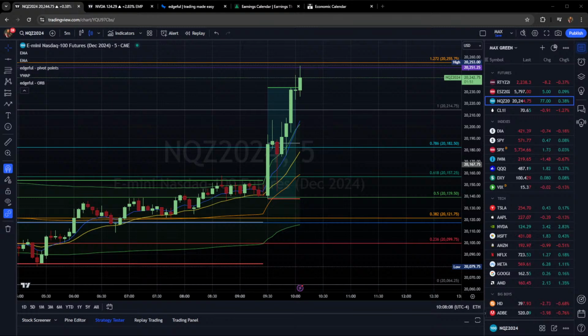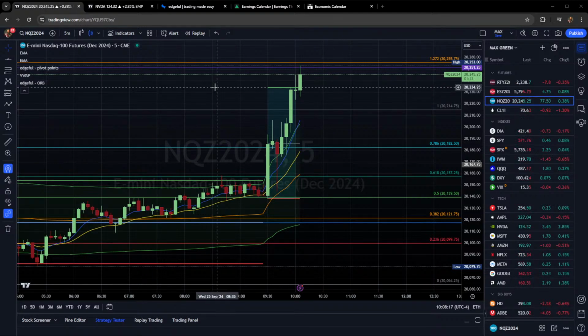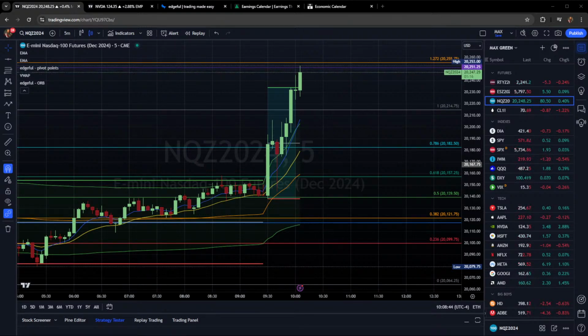Let me see what they fill though on the book map. So far it looks like buys still. Where's this upper ORB? 234. I think I am gonna take a little short starter right here just to see.